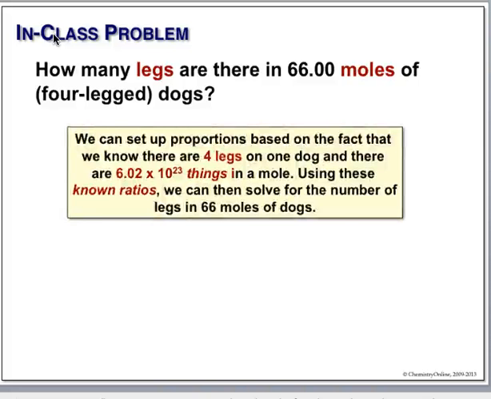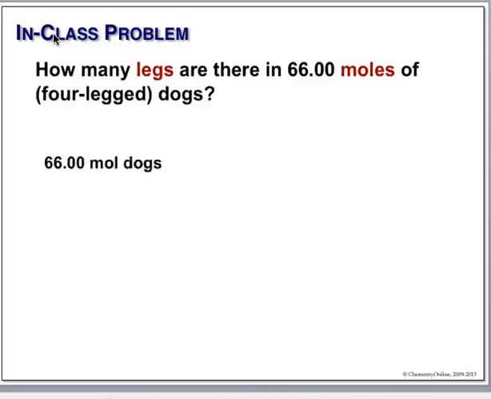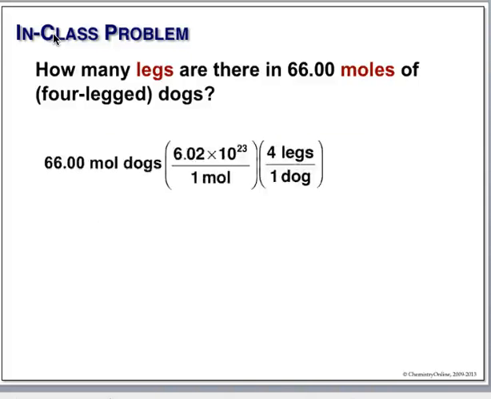So, we start off with our 66 moles of dogs. Now, in every mole, we know there are 6.02 times 10 to the 23rd things. And in every dog, we know there are 4 legs. So, moles and dogs cancel. And we're left with legs.